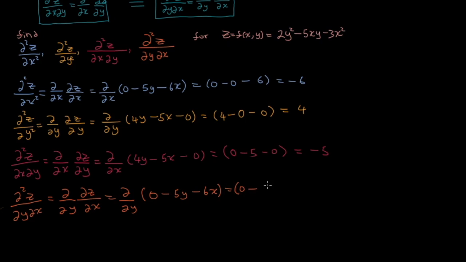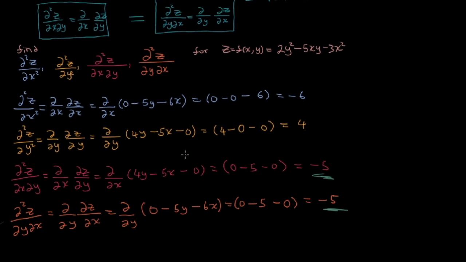This goes to 5. And now since the 6x is a constant, it goes to 0. And so what we're left with is negative 5. And as you can see here, these two answers are equal. Okay, and if we go back up here, that's what this tells us. So it doesn't matter in which order you differentiate, you're going to get the same answer.